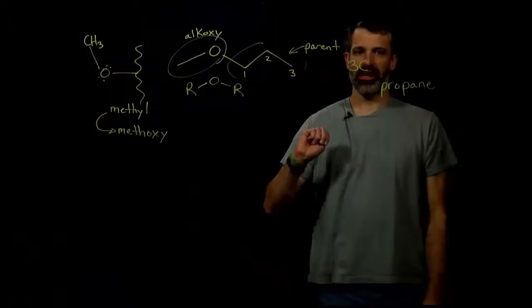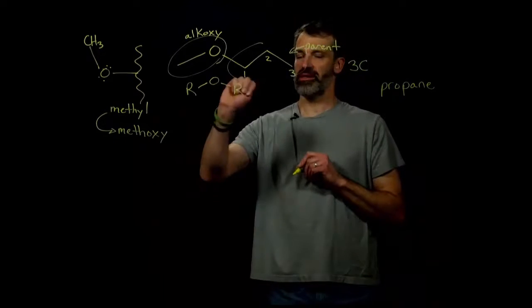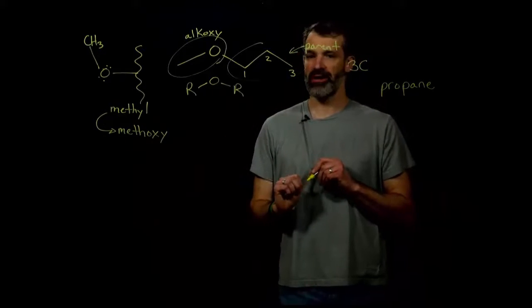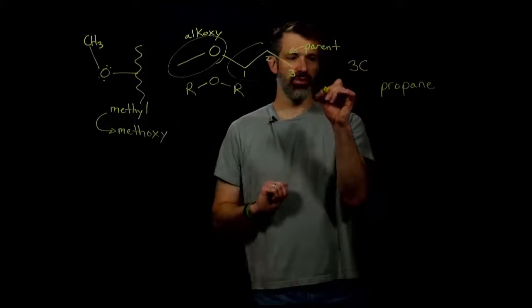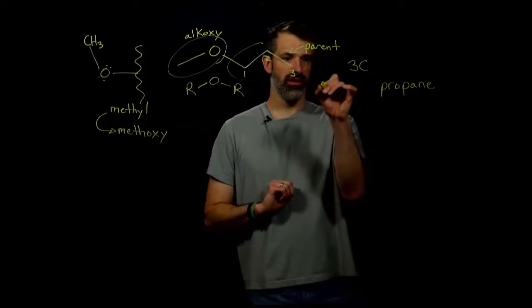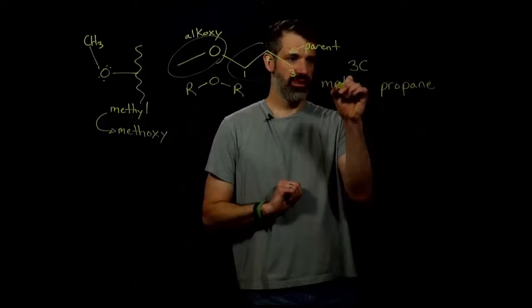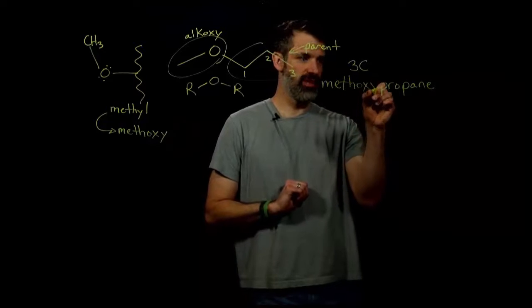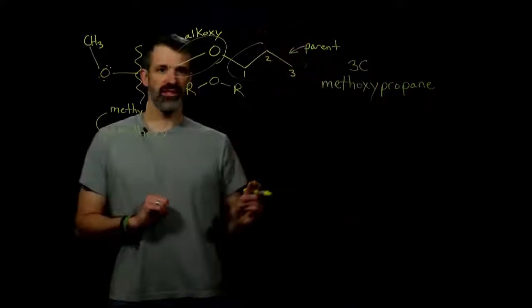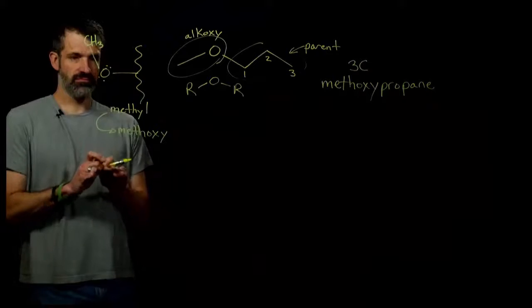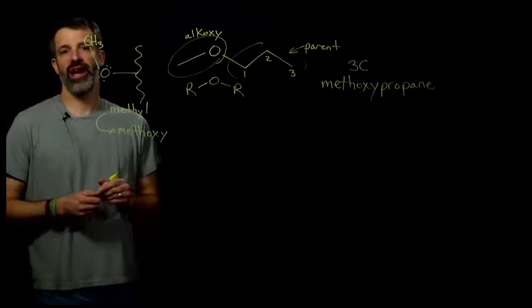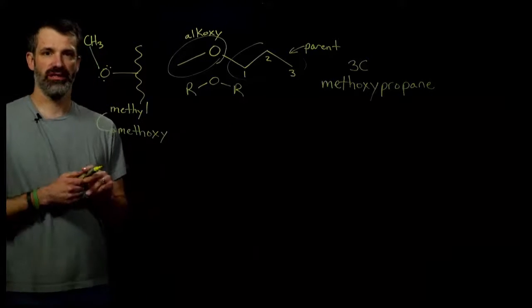So this is the name of the substituent. Since it is on carbon number 1 of our parent chain, we do not need to include the number 1. That would be implied. So the full name of this compound is methoxypropane. Now this is the official IUPAC naming designation.